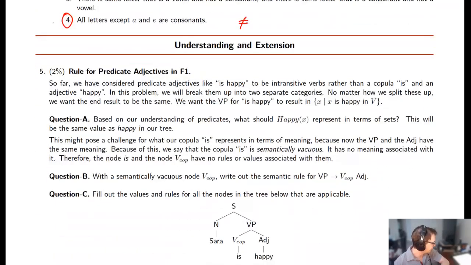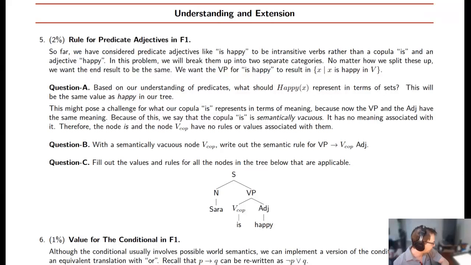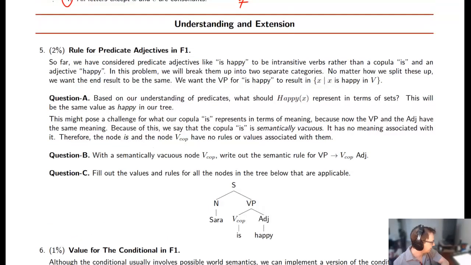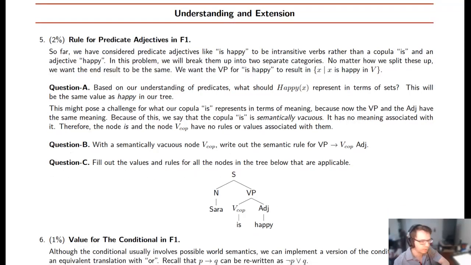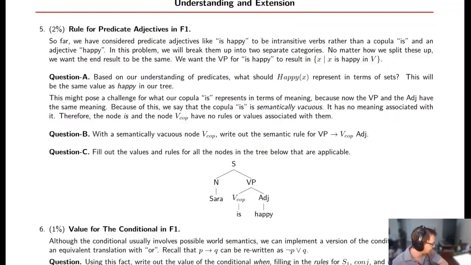Okay, for understanding an extension, I try to lead you in with question A about what things should look like. So basically, we're adding some new rules. Two of the questions are very similar, question 5 and question 7. Question 5 says, well, we've been treating these predicate adjectives like happy as VIs, but that's not very satisfactory to linguists because happy is an adjective.